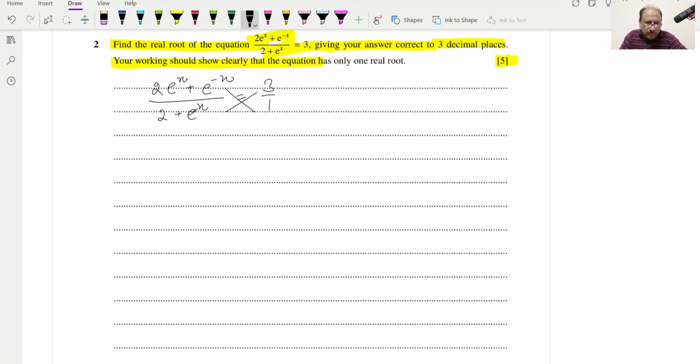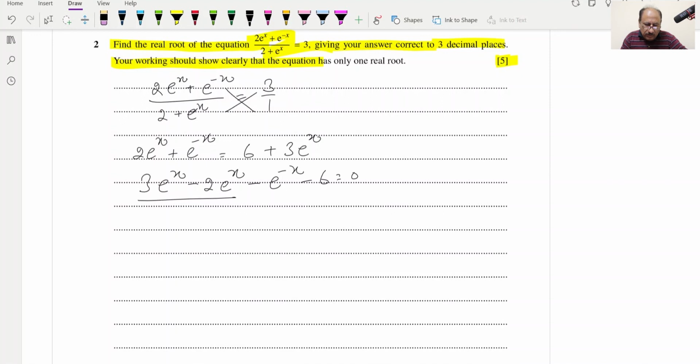Our equation will become 2e raised to the power x plus e raised to the power minus x is equal to 6 plus 3e raised to the power x, and we can shift to this side. Basically this one will shift to the other side, so we'll get 3e raised to the power x minus 2e raised to the power x minus e raised to minus x minus 6 is equal to 0.